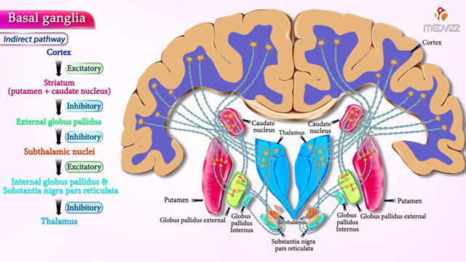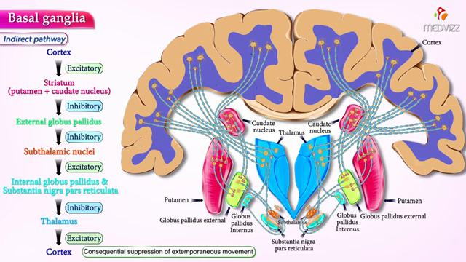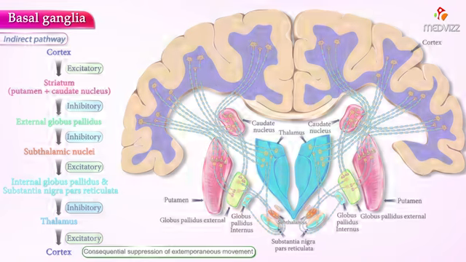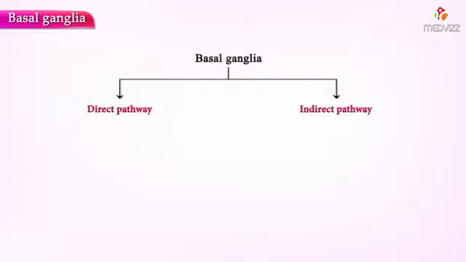The end result of this pathway is a decreased activity of the cortical motor neurons and a consequential suppression of extemporaneous movement.